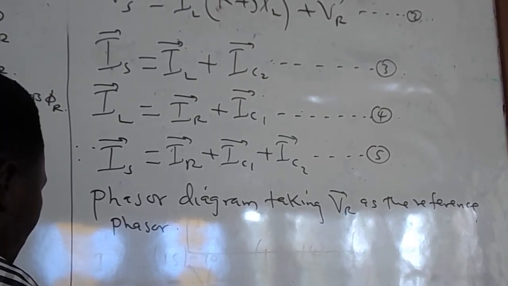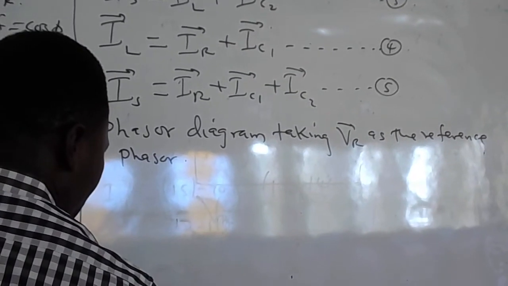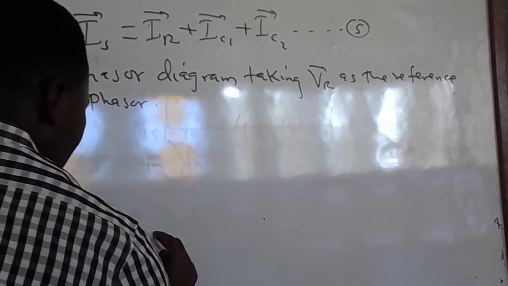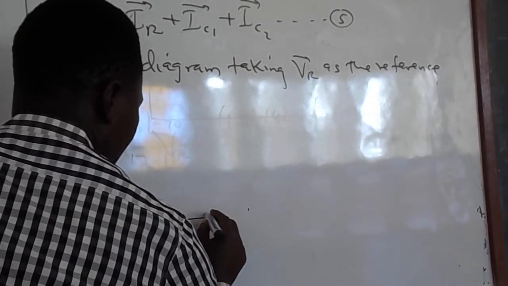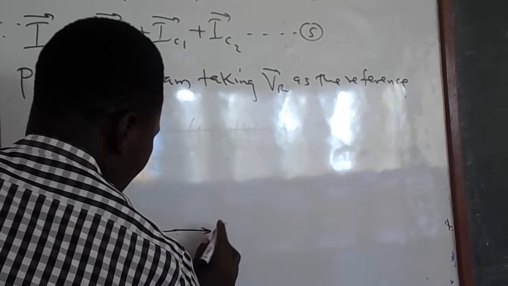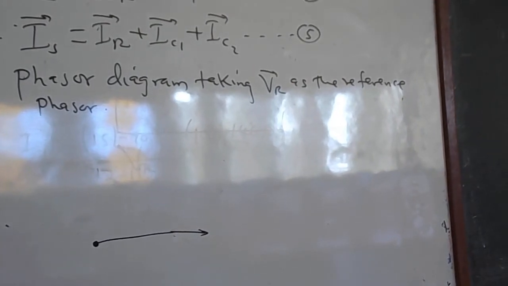Now, let's have the starting point. We are saying that VR is the reference phasor, so being the reference phasor, it acts at an angle of 0 degrees.